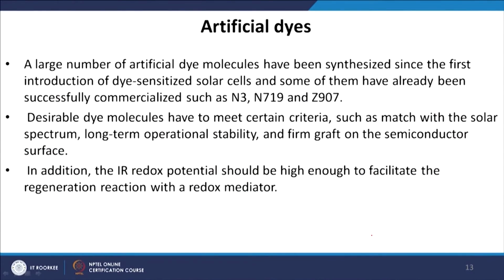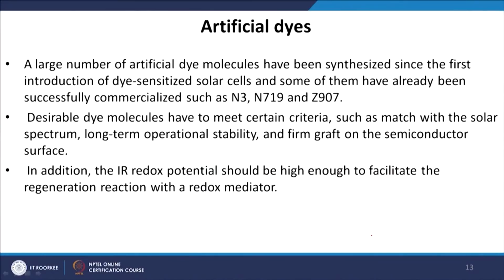Desirable dye molecules have to meet certain criteria such as matching the solar spectrum, so they should have good absorption properties, and long term operational stability, so that means if I expose them to the sunlight for quite a long time, they will not degrade over time, and firm grafting on the semiconductor surface, so that those dye molecules will be able to anchor or adsorb on the N-type semiconducting surface.